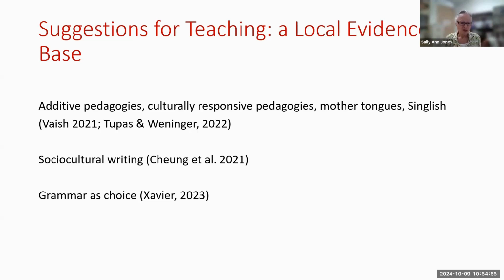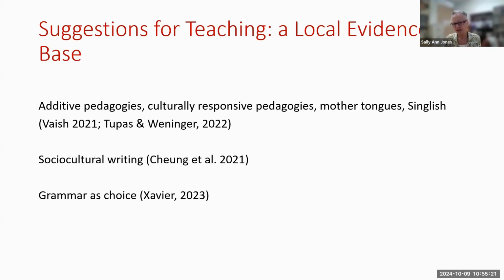Another thing I'm going to point to is socio-cultural writing from another colleague, set in a situation of low progress learners, focusing on the process of writing with groups and a lot of discussion to develop metalinguistic awareness as one of the outcomes.